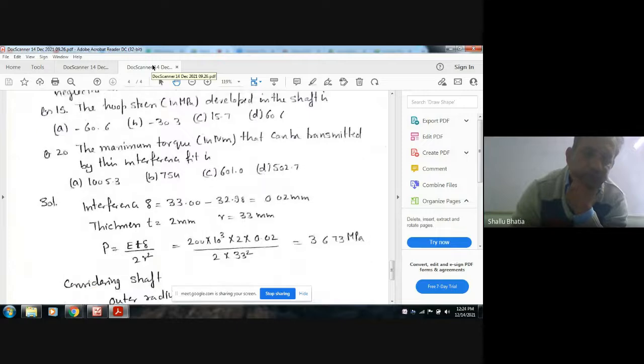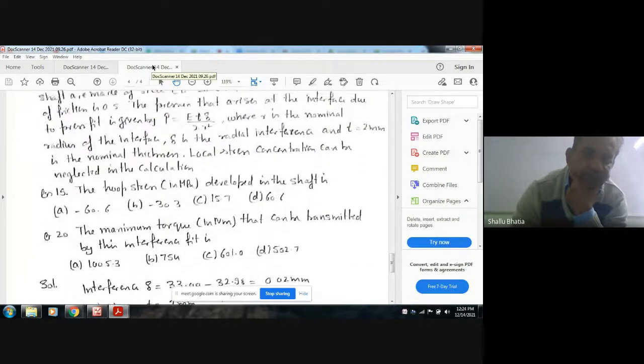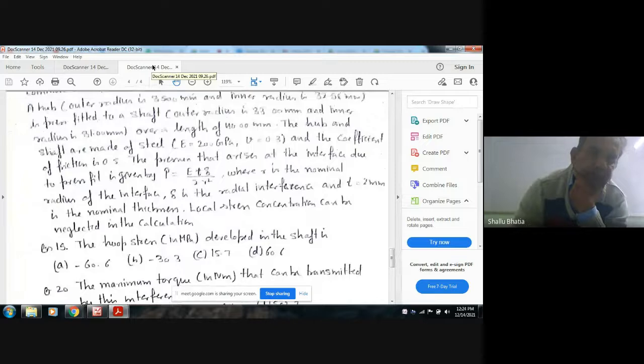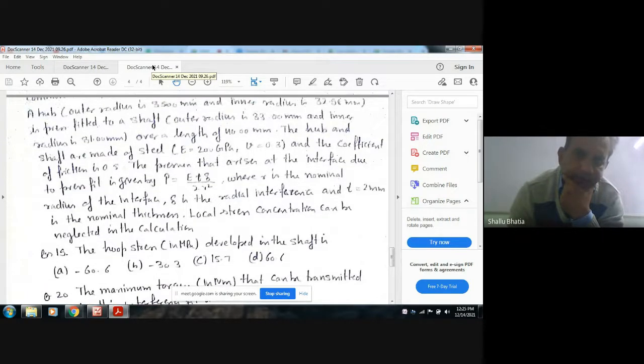Here the outer radius of the hub is 35 and the inner radius is 32.98. For the shaft, the outer radius is 33.